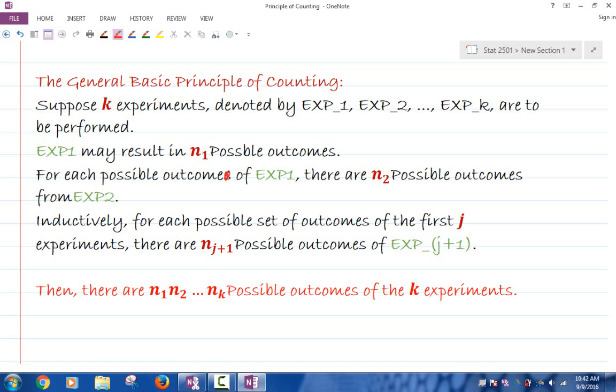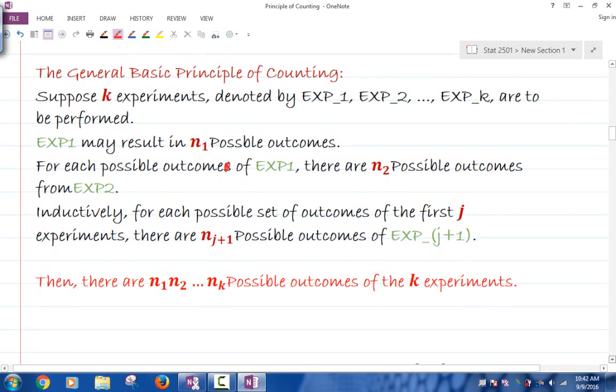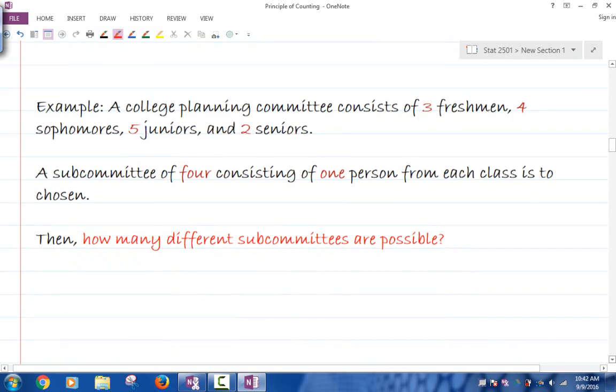All right, so here's an example. A college planning committee consists of 3 freshmen, 4 sophomores, 5 juniors, and 2 seniors.